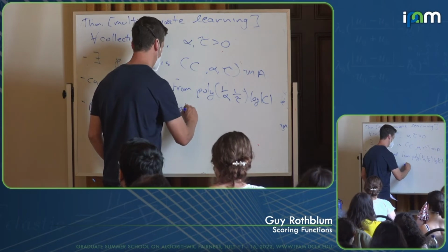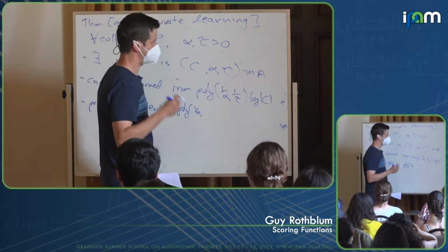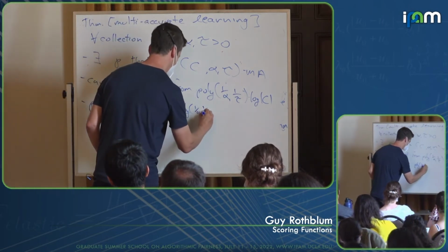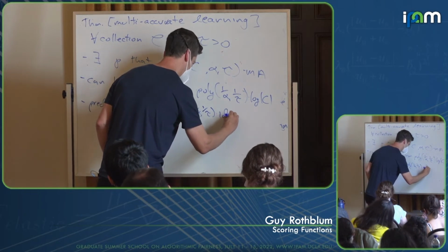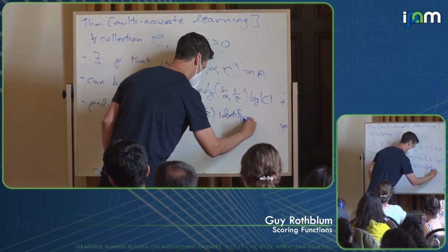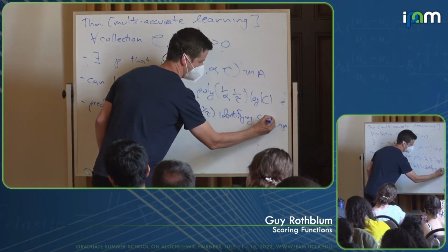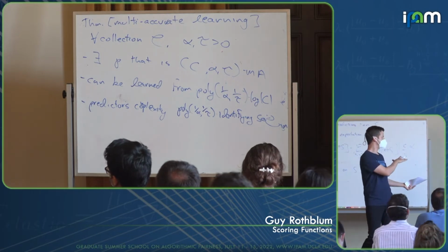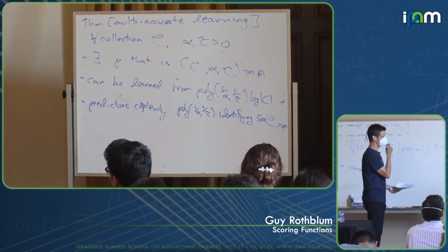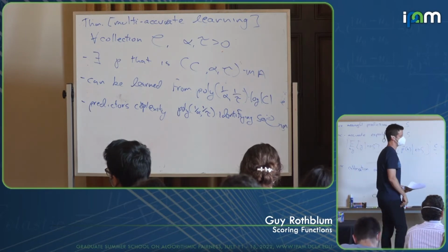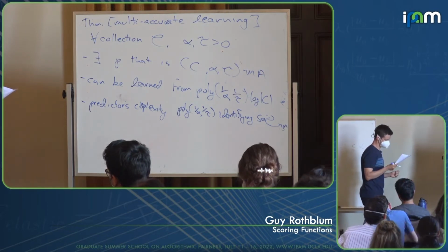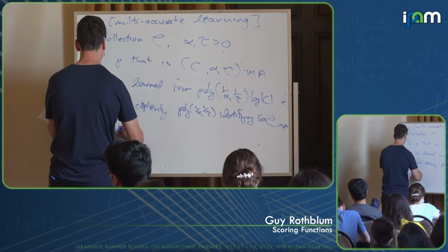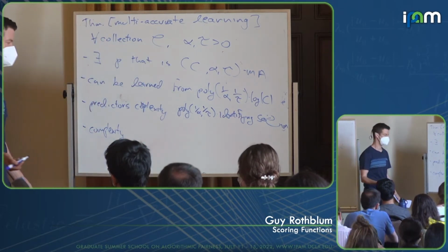I just want to say it's not much larger than checking for membership in sets in the collection C. So if the sets in the collection C can be identified by size S Boolean circuits, the size of the Boolean circuit implementing the predictor can be just polynomial in the error parameters times S. And the complexity of learning, the predictor itself can be simple, but the complexity of learning it can be large.